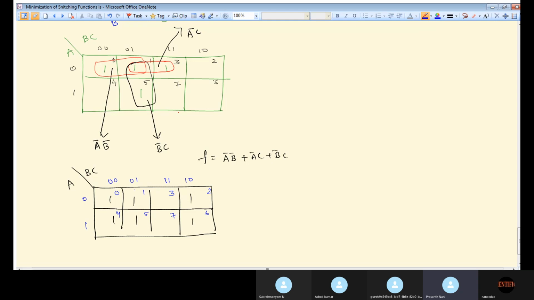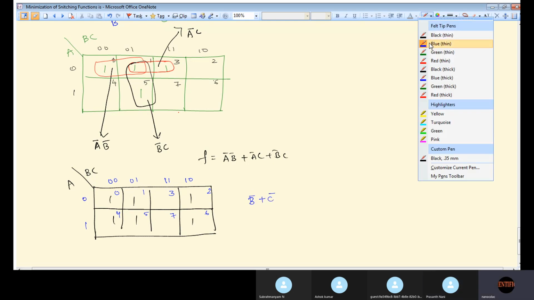B bar plus C bar. Very good. B bar plus C bar. Correct.